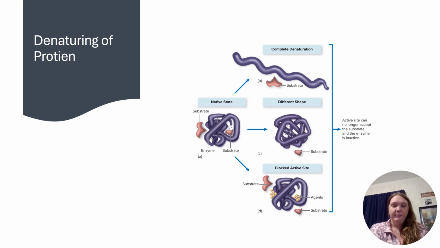And once the loops form, they end up being coils. Another way proteins can denature is through moist heat, and what happens with that is the protein is going to expand.